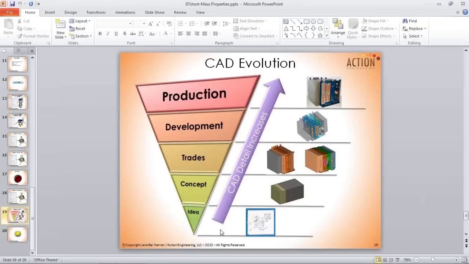But again, because we get such great pictures on our screen really quick with CAD models, you have to make sure you don't trick yourself into thinking that all the detail is there indeed. And that is the conclusion of my mass properties presentation.